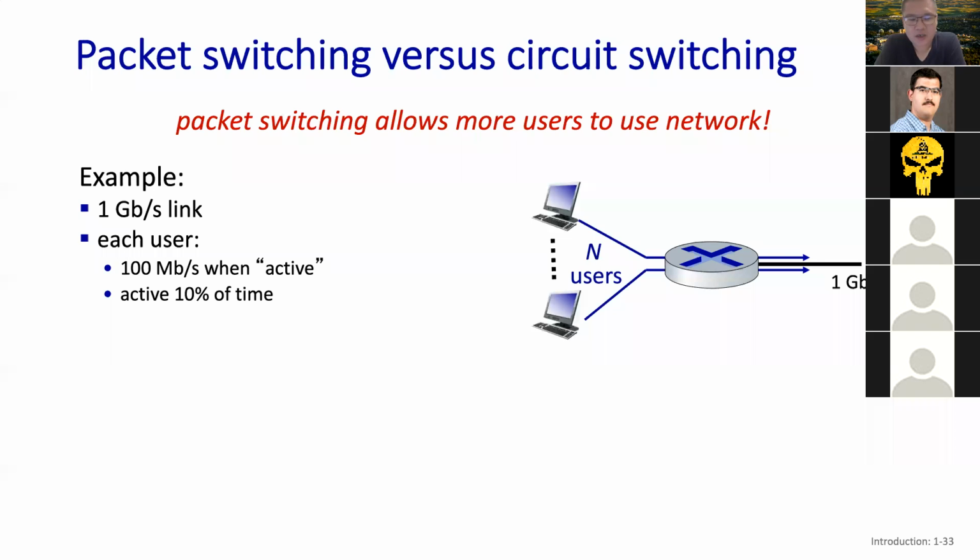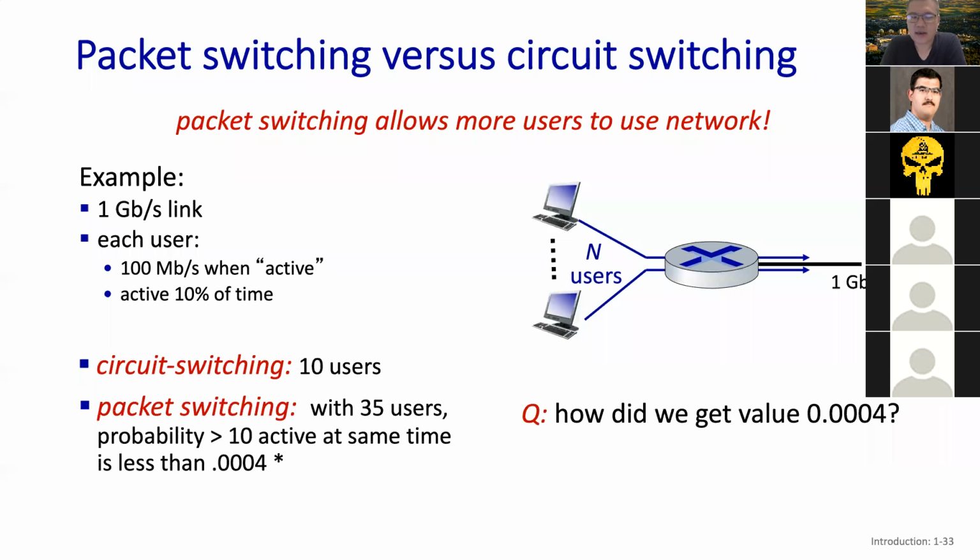Each user needs 100 megabits per second when active, but they are only active 10% of the time. Let's make this assumption. Based on circuit switching, at most 10 users can be active at the same time, because each user needs 100 megabits per second when active. So 1 gigabit divided by 100 megabits gives only about 10 users at the same time.